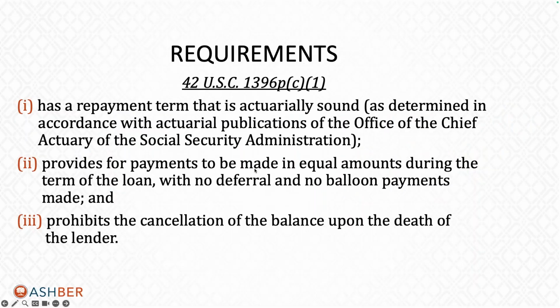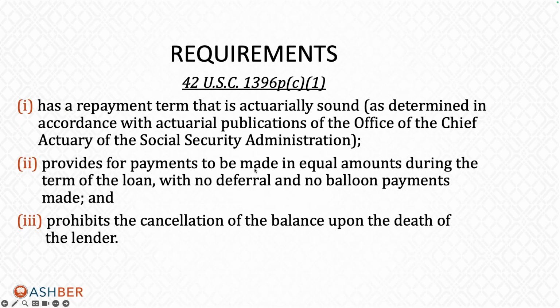Here are the promissory note regulations straight out of the Deficit Reduction Act. The requirements are that the promissory note needs to be actuarially sound based on the SSA tables. It must also provide equal payments during the term of the loan with no deferral or balloon payments. Doesn't that sound familiar?